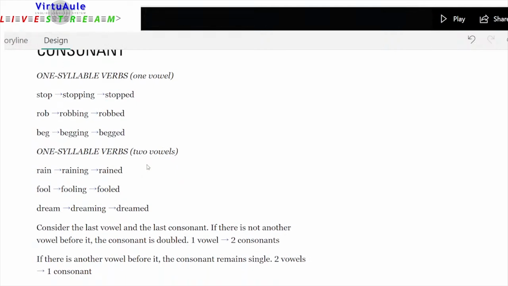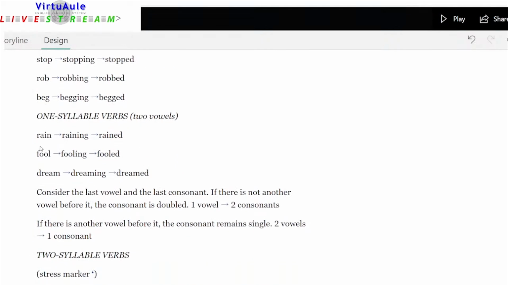One-syllable verbs with two vowels. We have rain, R consonant, A vowel, I vowel, N consonant, so we don't double that last consonant, so raining is just ing added. The same with ed, you just add ed. Fool, you have double vowel oo and then l, so fooling and fooled.